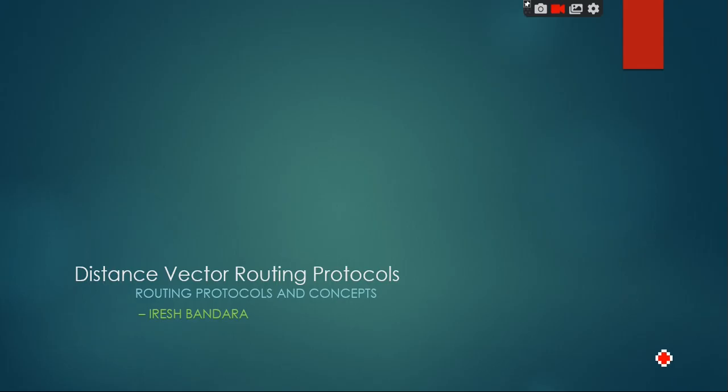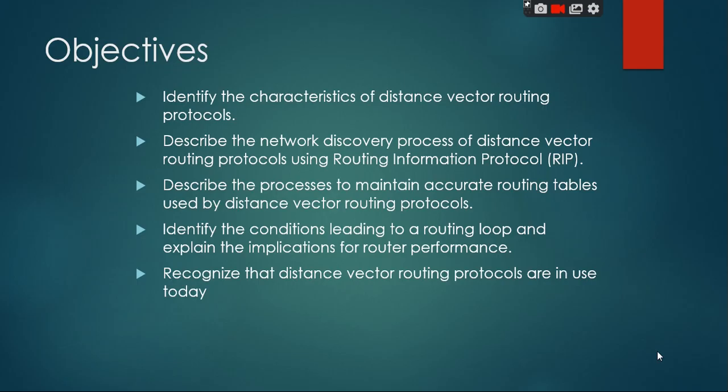Now what is distance and what is vector? But before that, let's look at the objectives. After you complete this chapter, you need to be able to identify the characteristics of distance vector routing protocols.